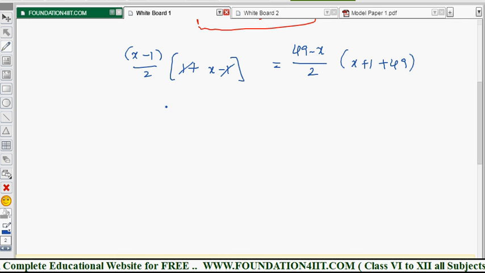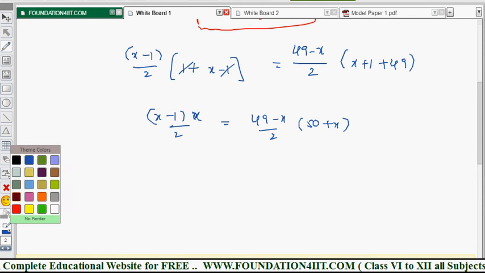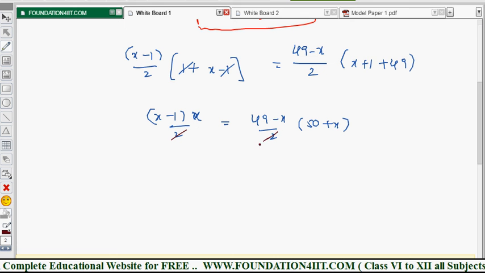Minus 1 plus 1 gets cancelled. x minus 1 into x by 2 equals 49 minus x by 2, and here it simplifies to 50 plus x. And you can cancel the denominators on both sides.